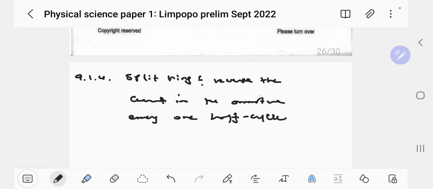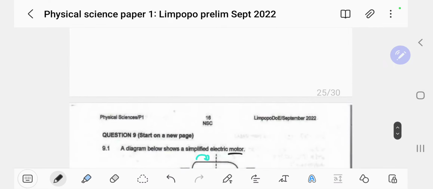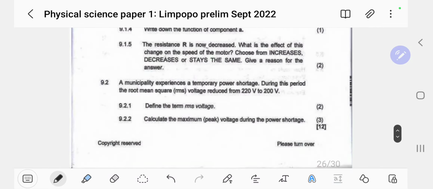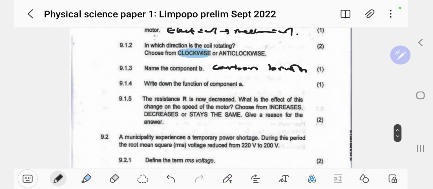Okay, every half cycle that thing reverses the current, so that the current is moving just like this all the time. Okay, great stuff. So that is the main function of our split ring commutator.